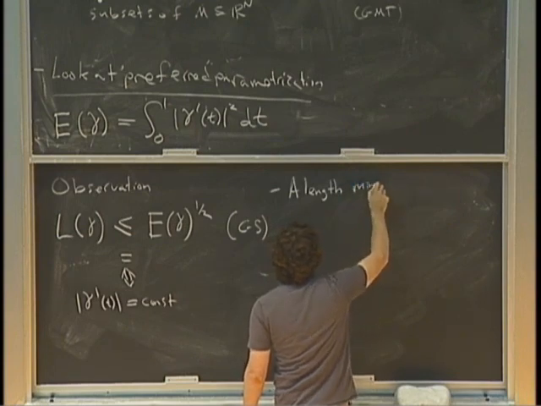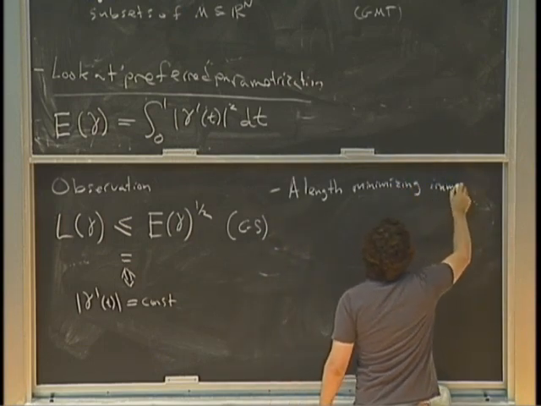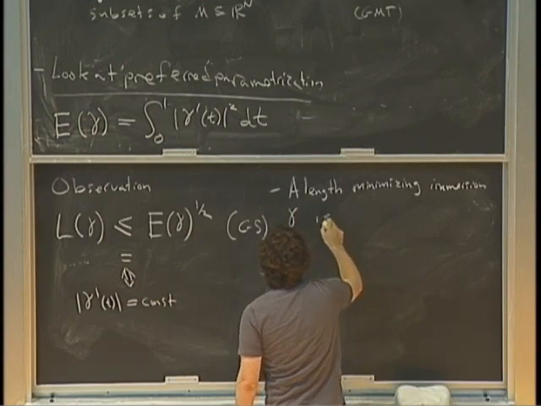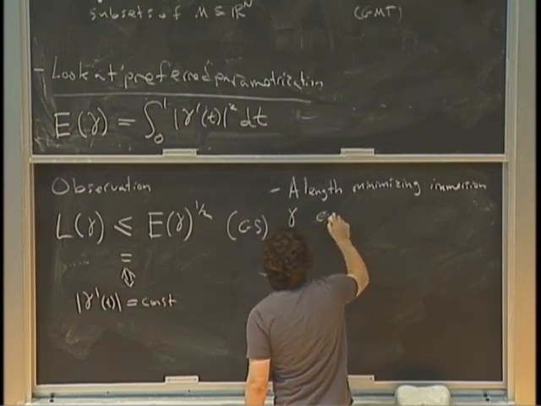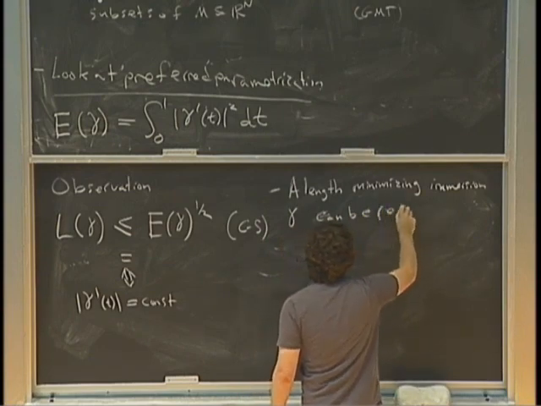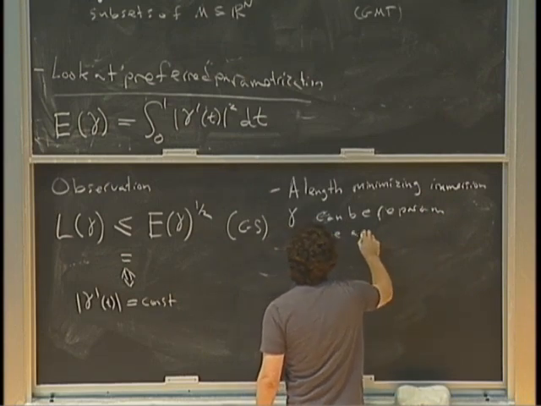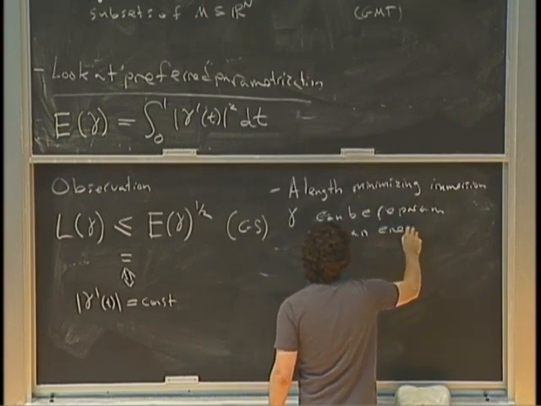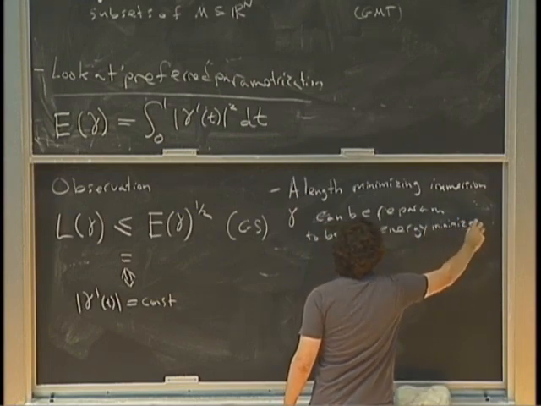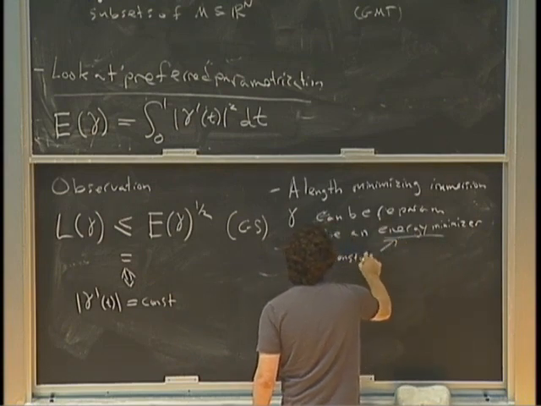So a length minimizing immersion gamma can be reparameterized to be an energy minimizer. And this energy minimizer, of course, is going to be the constant speed parameterization.